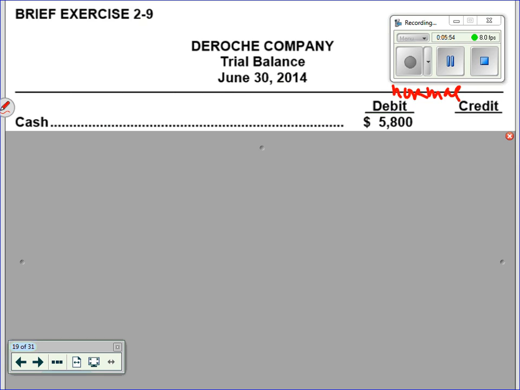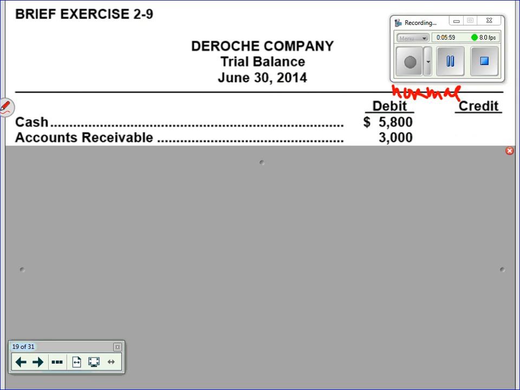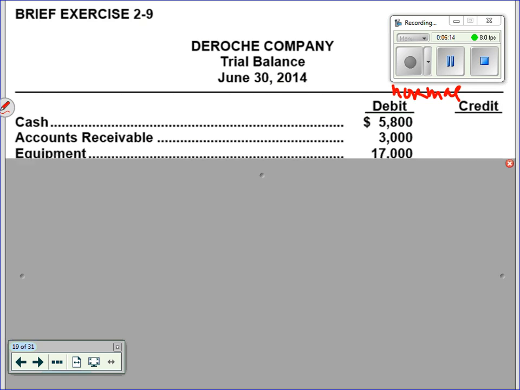What do you think is going to be next? A what? AR. We own AR. So they're just saying, here's a jumbled list of all the accounts and their balances. Looks like we only have one more asset, and it's equipment.